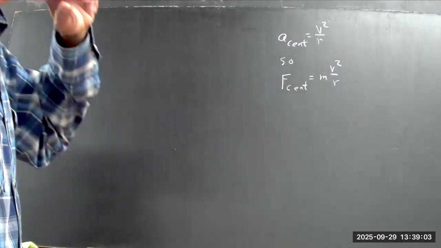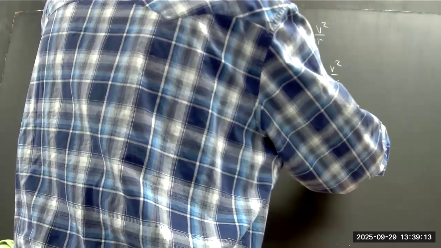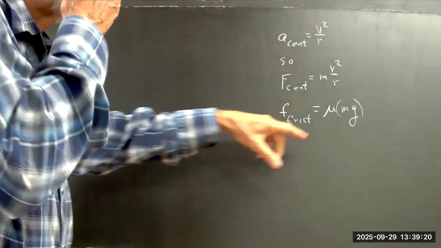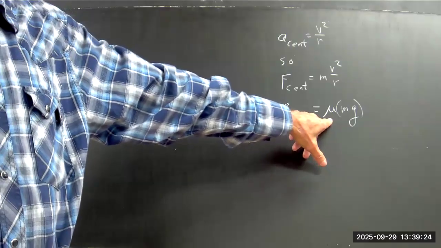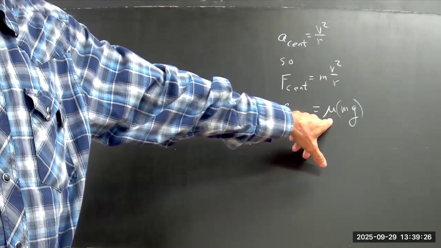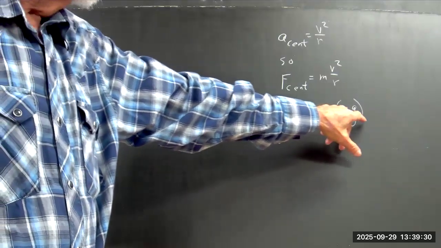Whatever the mass of the quarter was, the force of friction was the coefficient of friction, which we designate by the Greek letter mu, times the weight, mg.